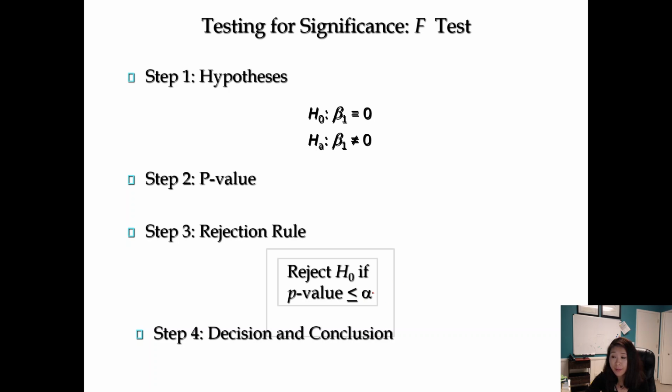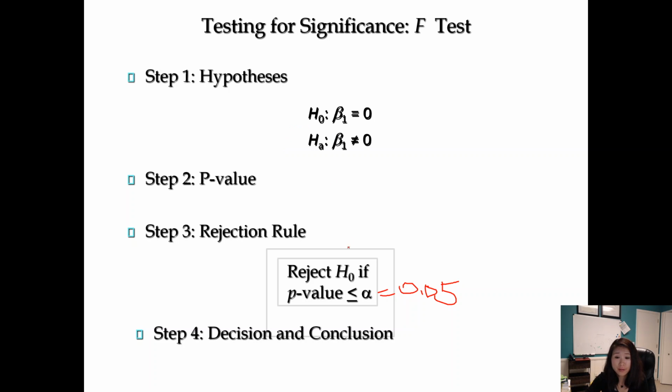In this class, by default, the alpha value always equals 0.05. Put that in your mind. So if you find the p-value in Excel and it is smaller than 0.05, you will reject H null.